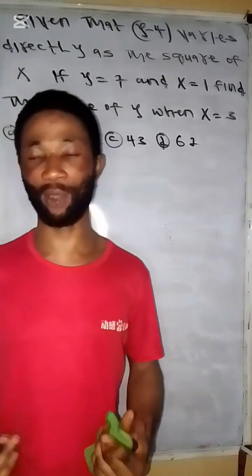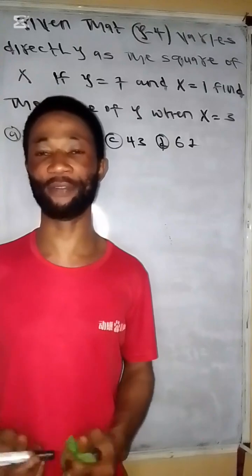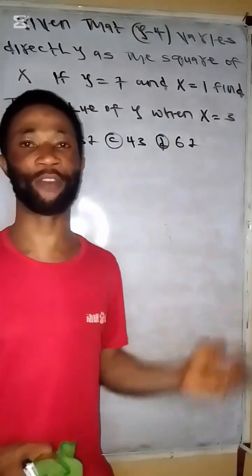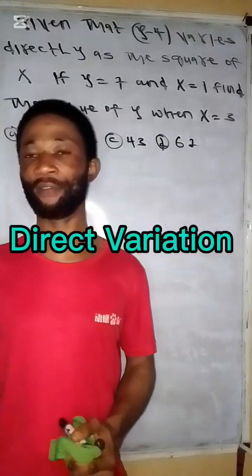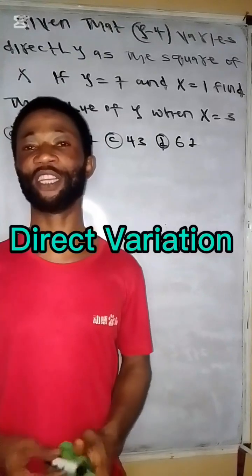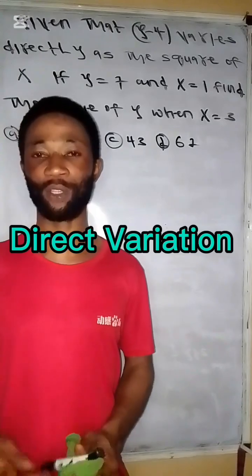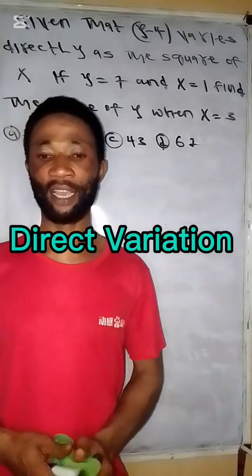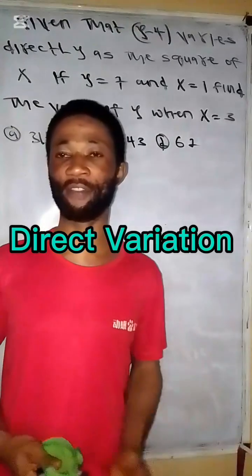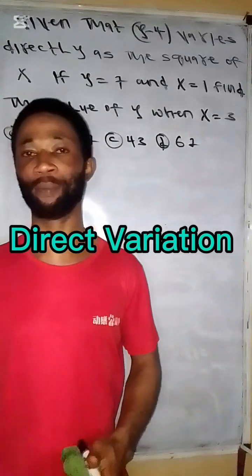We are going to take many questions on each of these topics in variation. But the first part of variation we are going to be looking at is the direct variation. And what is direct variation? Direct variation is trying to measure the impact or the relationship between two variables. It's telling us that if one variable changes in a given manner, to what extent will the other variable change?